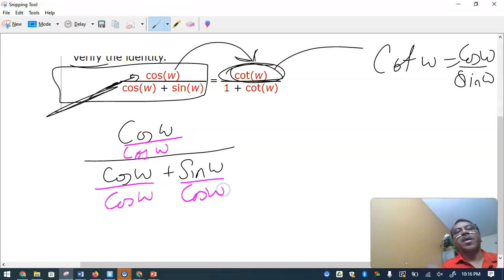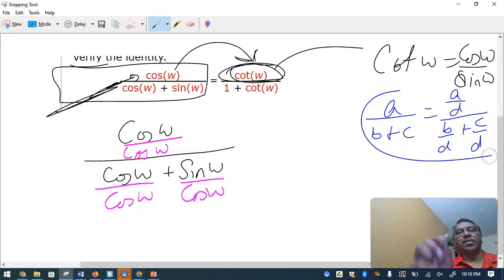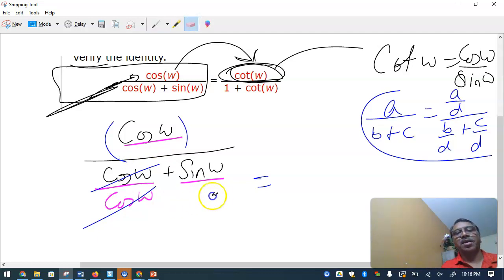Now why we can do this is because if we have a over b plus c, we can always write a over d, b over d and c over d. Always true. Now you see this crosses out. Did I make a mistake here? Oh, sorry, you were supposed to divide by sine, sine, and sine. I'm so sorry.